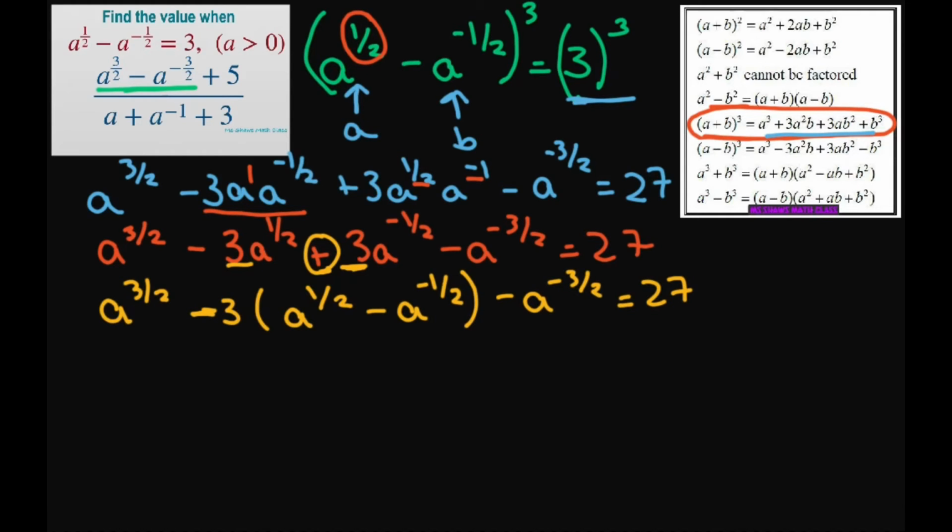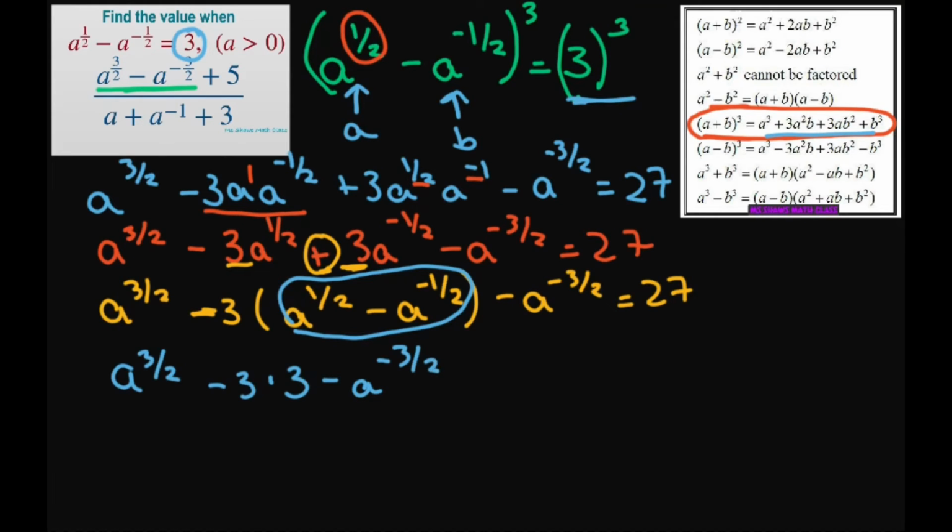Now we already know what this equals, because it's given that it equals 3. So I'm going to use substitution: a to the power of 3/2 minus 3 times 3 minus a to the power of negative 3/2. So that's going to give us this amount. This is 9, and this equals 27.